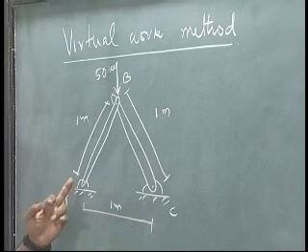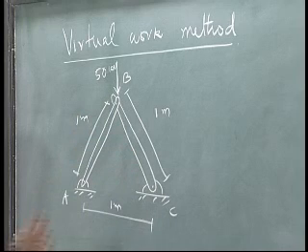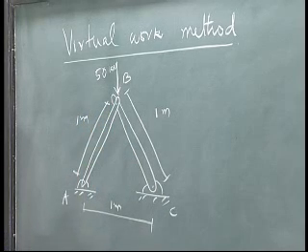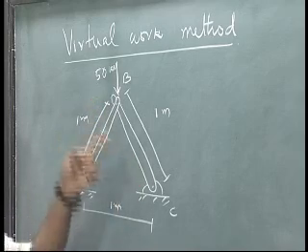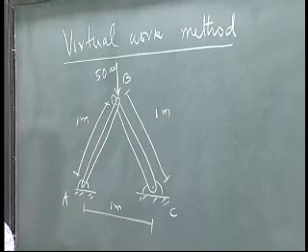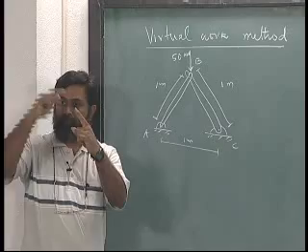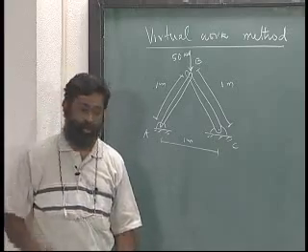We need to solve for those unknowns. If you look at this particular system, this system has 1 degree of freedom. That is not very difficult to understand. I can fix one of these and then see whether the other bar is moving. The other bar can rotate about this particular bar, which means there is 1 degree of freedom.